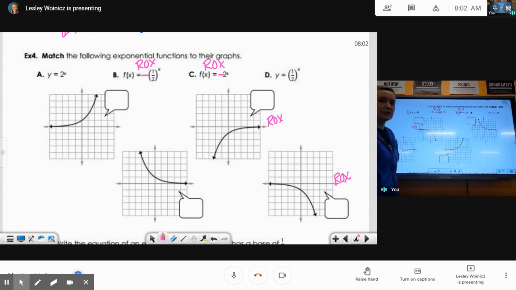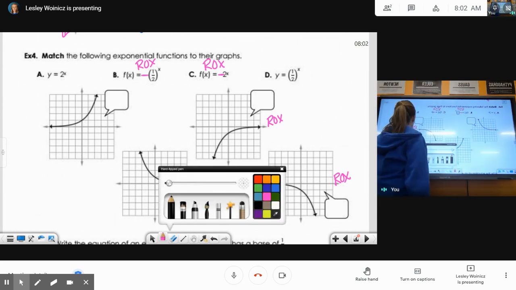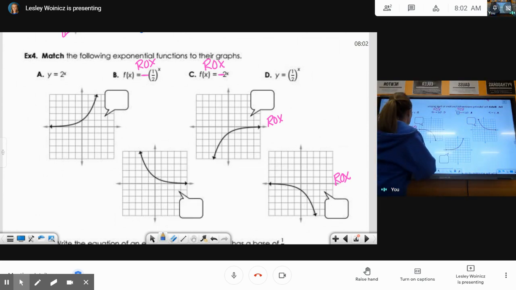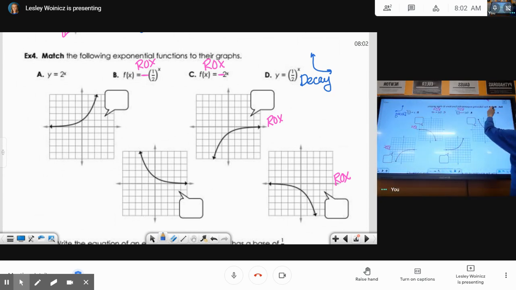We're going to deal with those last. So we're going to look at the parent ones first. You can see that this one has a base of 1/2. So this is going to be decay. Okay, it's going to be going like this. And then this one has a base of 2, so this one's going to be growth. So it's going to be going like that.